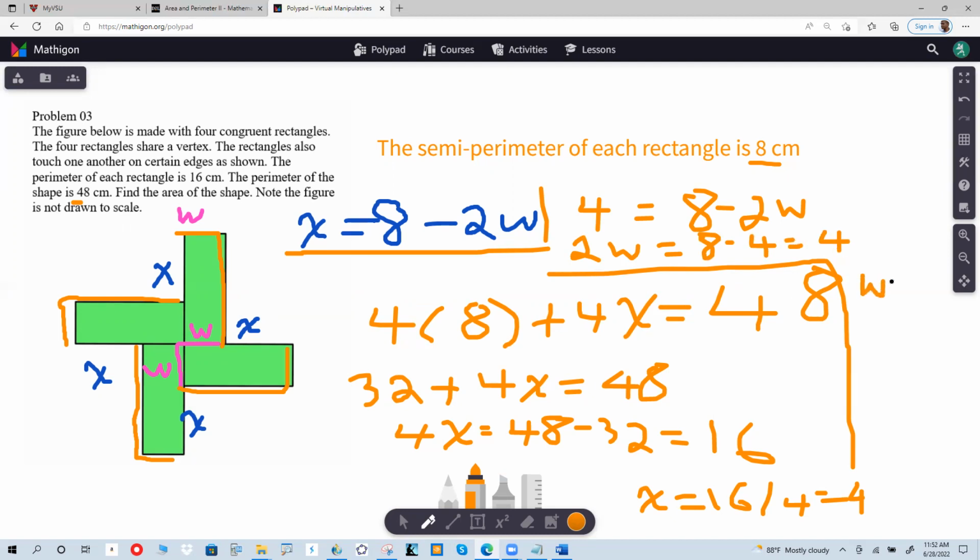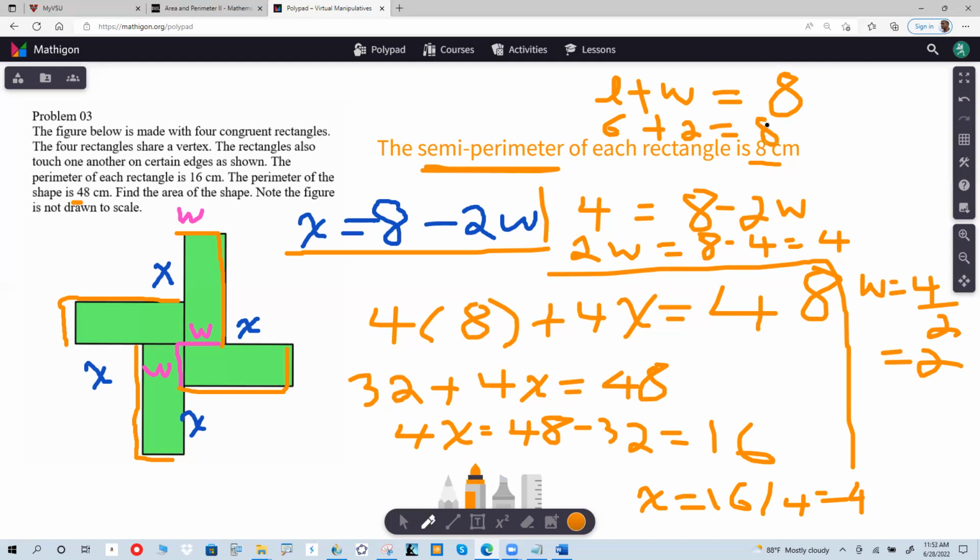Therefore, W is 4 over 2, or 2. Once you know W, remember your semi-perimeter is simply L plus W. The length of the rectangle is L, the width of the rectangle is W, and that sum is 8. If W is 2, L has to be 6 because 6 plus 2 is 8. Now you know everything about the rectangle.